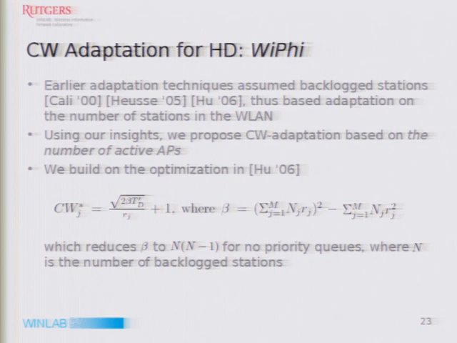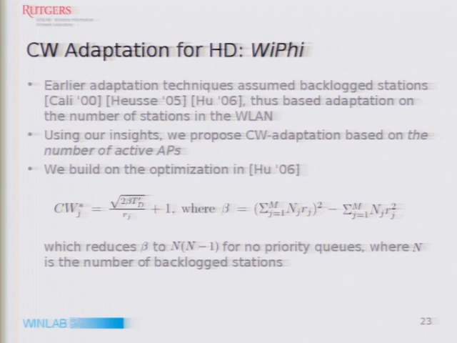But what we are seeing is that in our setting, the workload or the collision rate that you're observing actually depends on the number of access points. So we are proposing a contention window adaptation technique based on the number of active access points instead of stations. For that, we took one of the state-of-the-art contention window adaptation schemes, which was actually for multiple queues, the 802.11e WLAN setting.